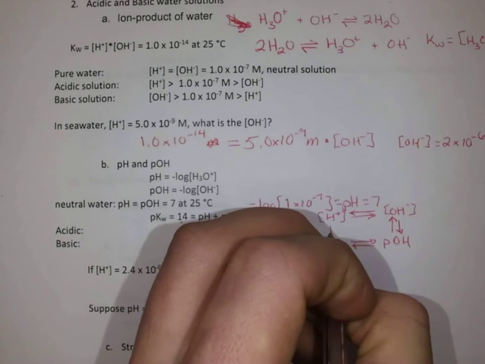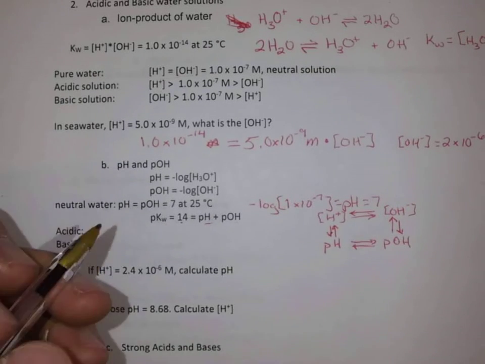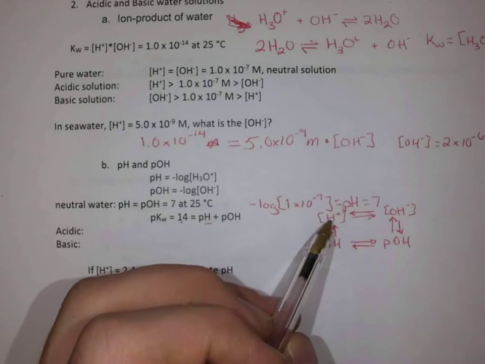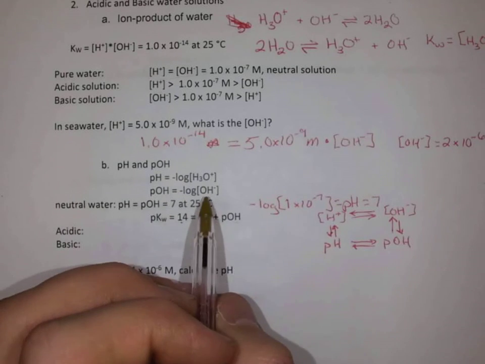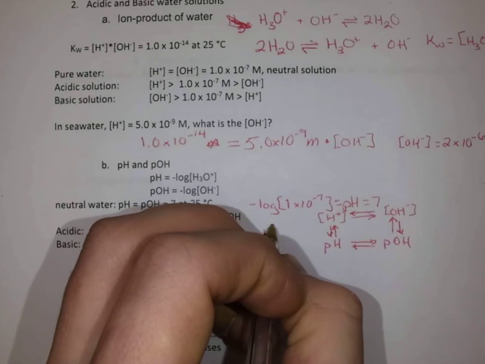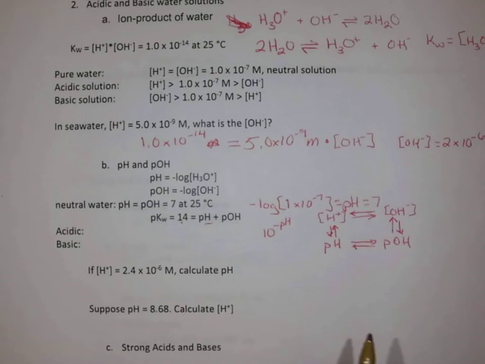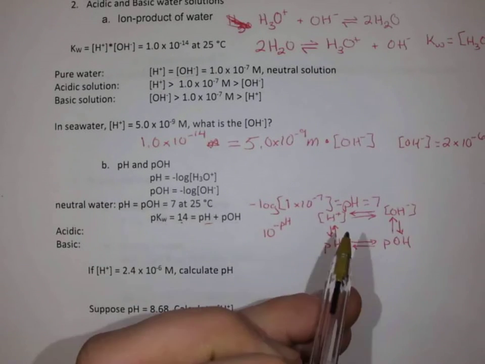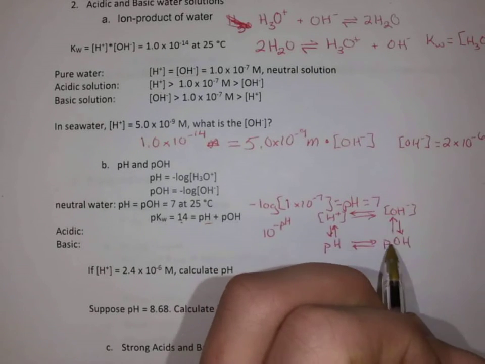We have that square that we can go all the way in between, right? So if we're going between pH and H plus, we're taking the negative log, or if we're solving the opposite way, it would be 10 to the negative pH. That's going to give us the H plus concentration, right? If we're going from pOH to OH minus, same idea, right?